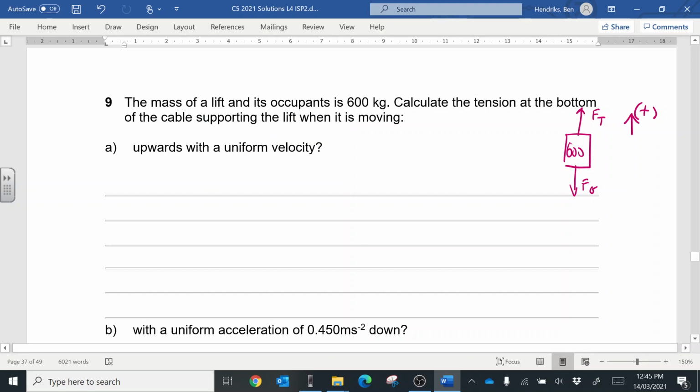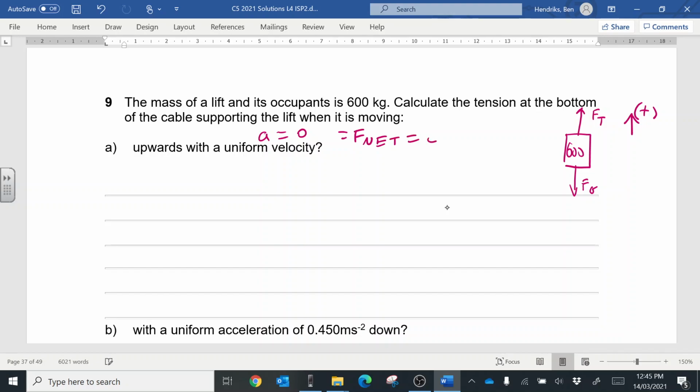So remember, uniform velocity means that a equals 0, which implies that F net equals 0. Because F net in our case is equal to Ft minus Fg, and if F net is equal to 0, this implies that Ft equals Fg.